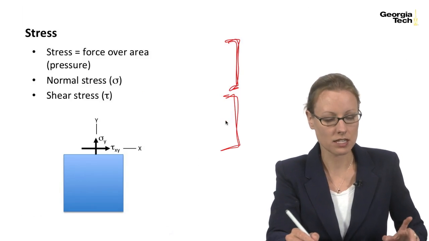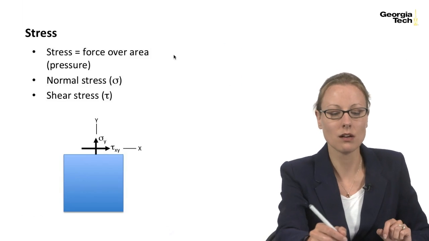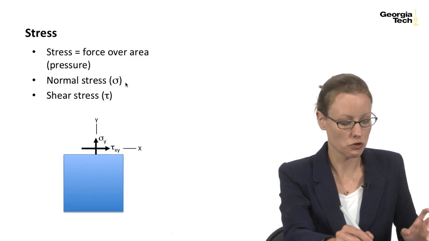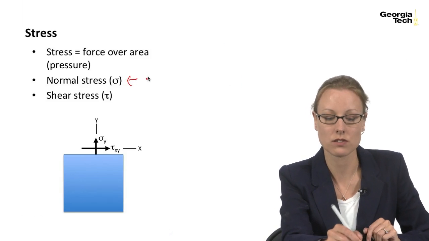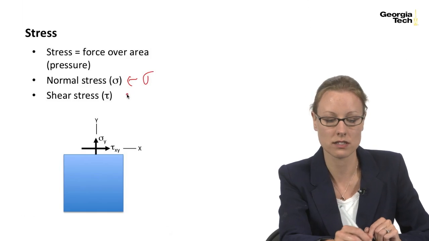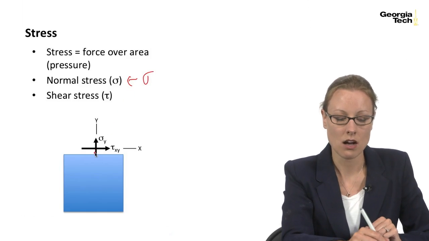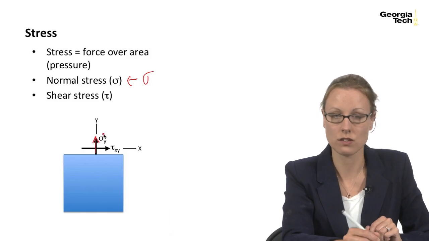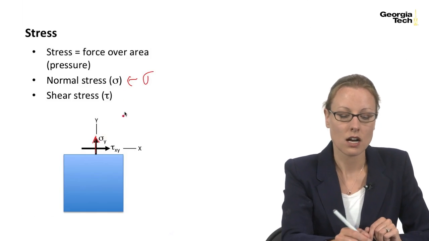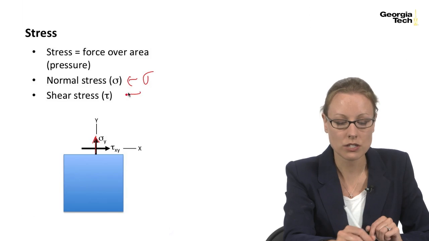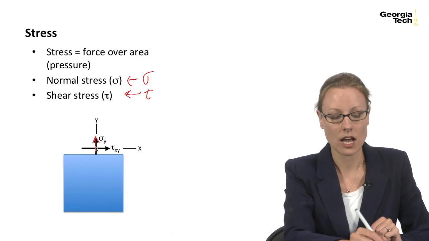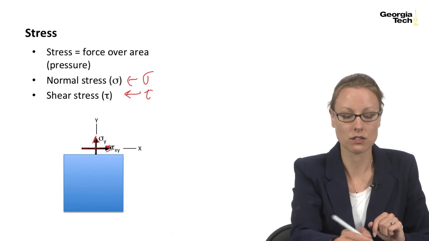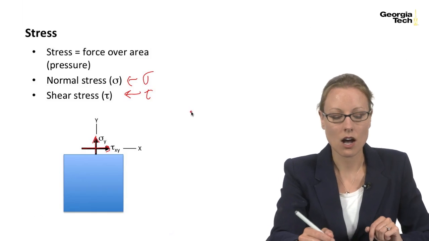So a couple of things to keep in mind. There are normal stresses, which we refer to as sigma. Sigma is for normal stresses, and those are acting perpendicular to the surface of the object. And there are also shear stresses, which we refer to as tau in this class, and those are acting parallel to the surface of interest.